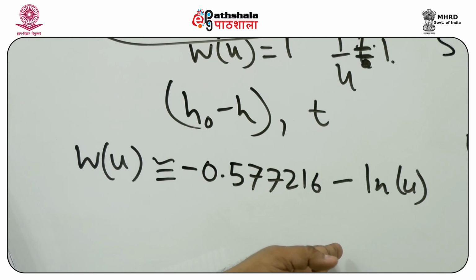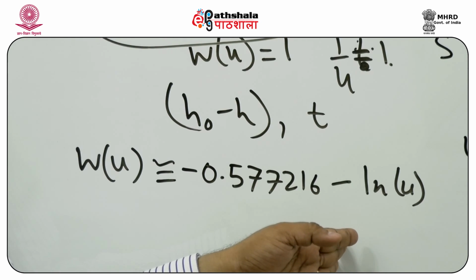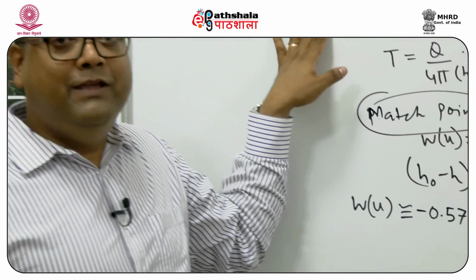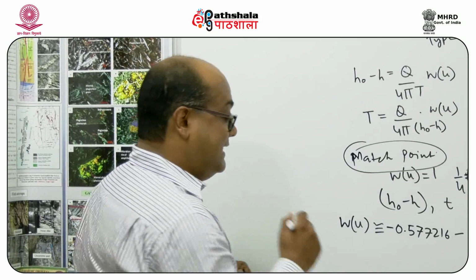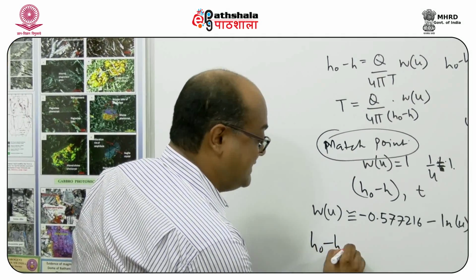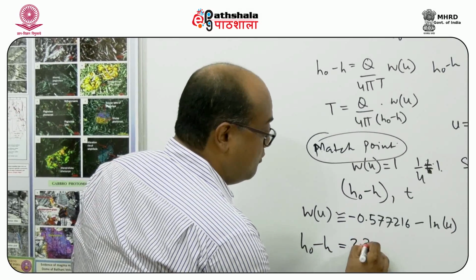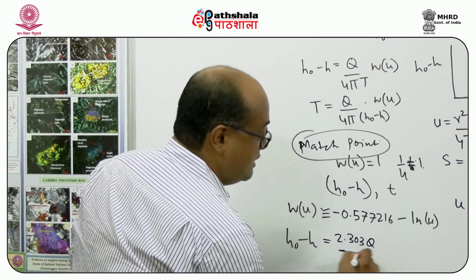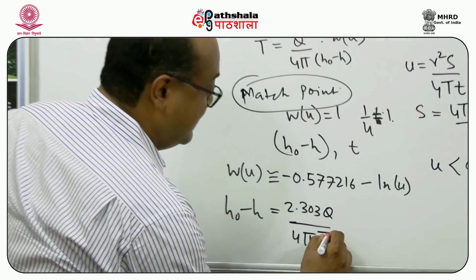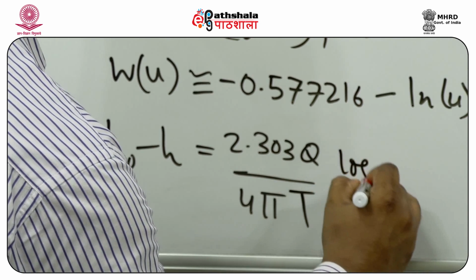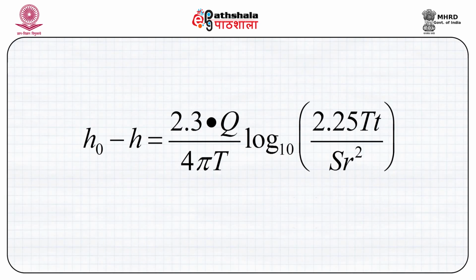Now if we consider the equation, what he suggested was that the drawdown H0 minus H by the Jacob method is equal to 2.303 Q by 4 pi T, times log 2.25 T by r squared.